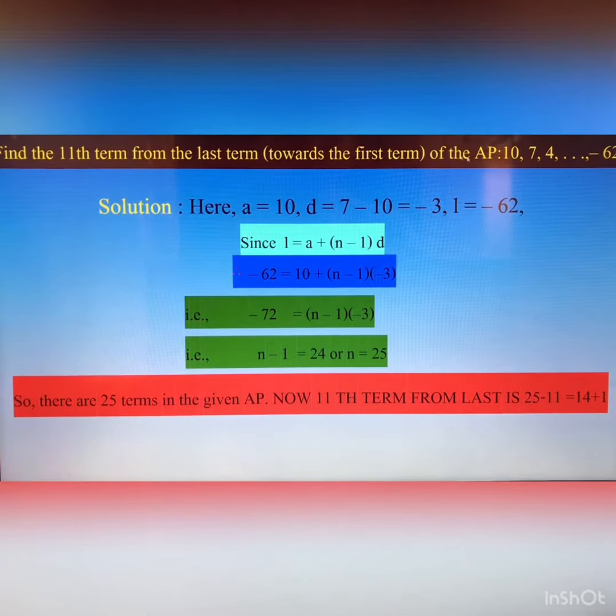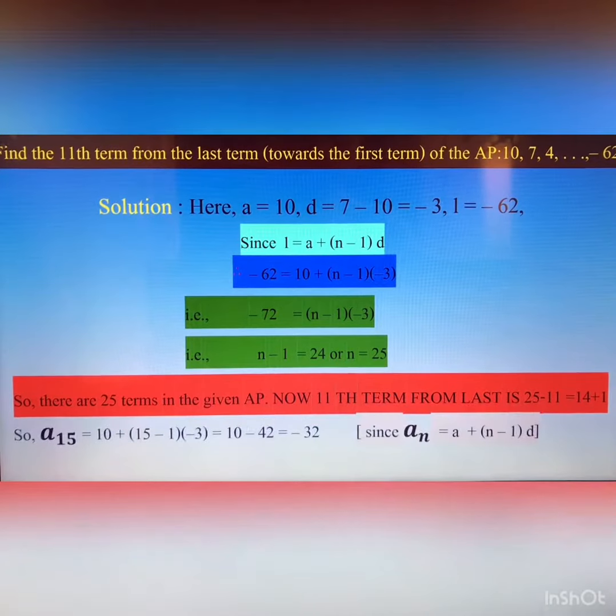So we will find the 15th term, not the 11th term, because the 15th term from the starting is the 11th term from the last.